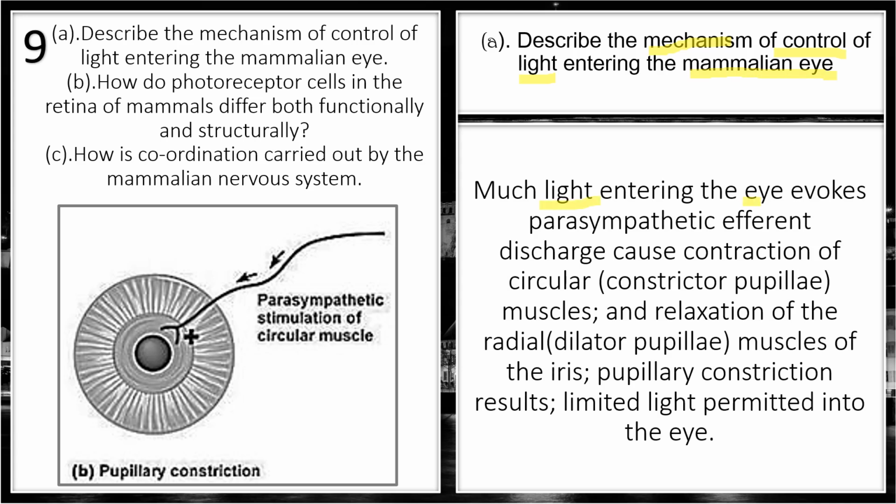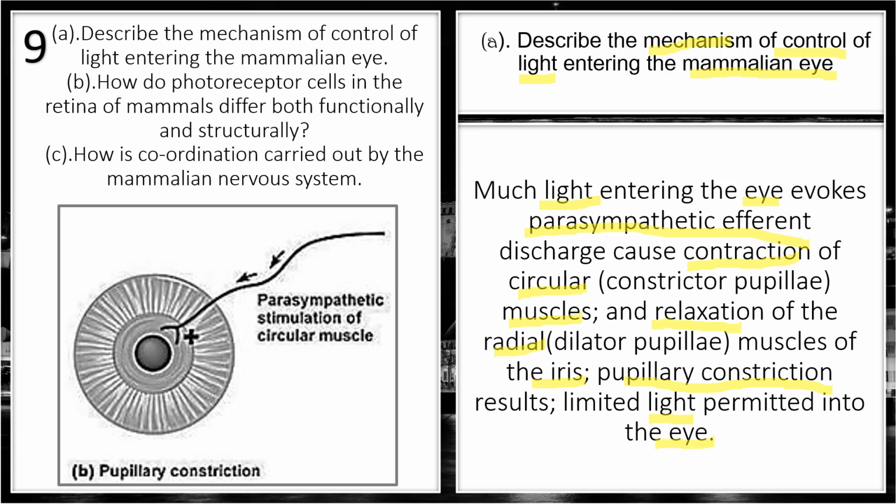Much light entering the eye evokes the parasympathetic effect discharge, which causes the contraction of the circular or constrictor pupillary muscles, and relaxation of the radial dilator pupillary muscles of the iris. Pupillary constriction results. Limited light is permitted into the eye.